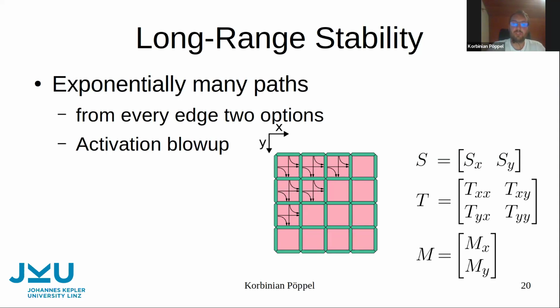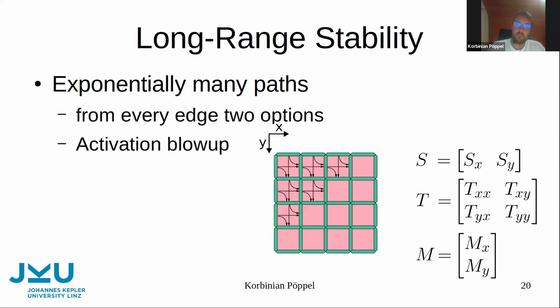There are these two options, as I explained before, and we have this exponential activation blow-up. So what can we do? And there are actually, as we find, two fundamental options to stabilize this.